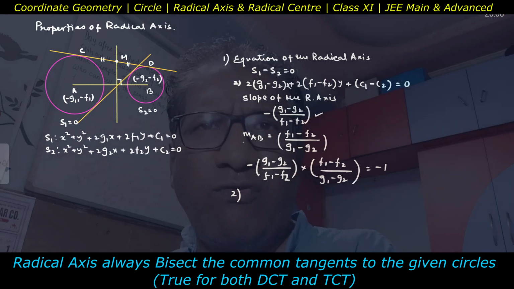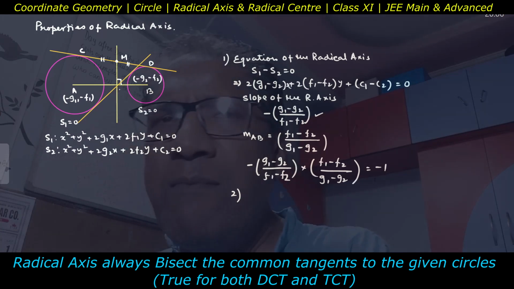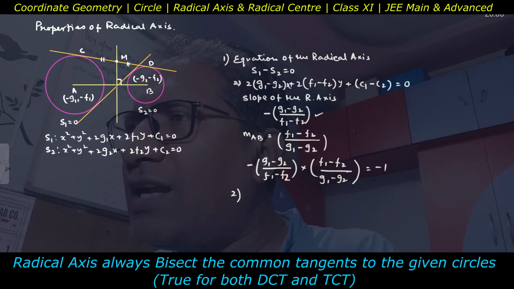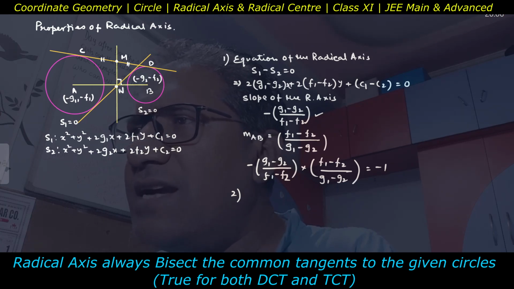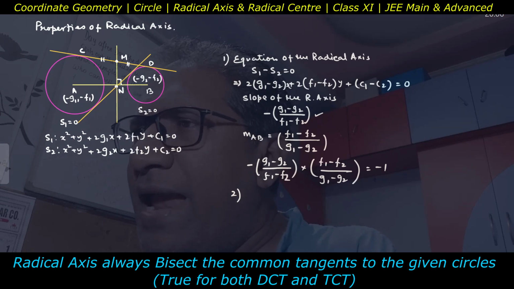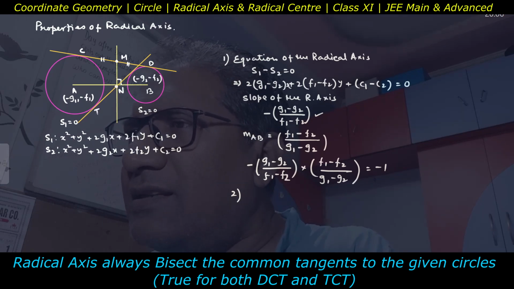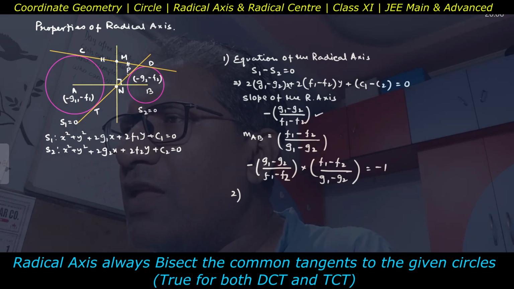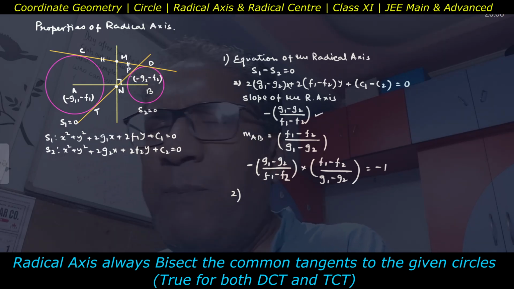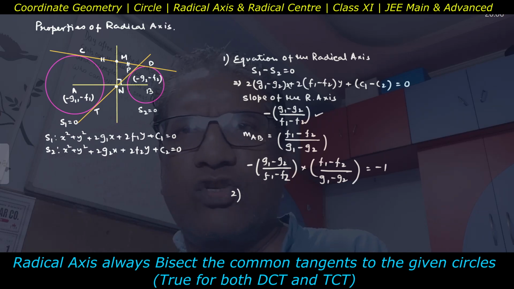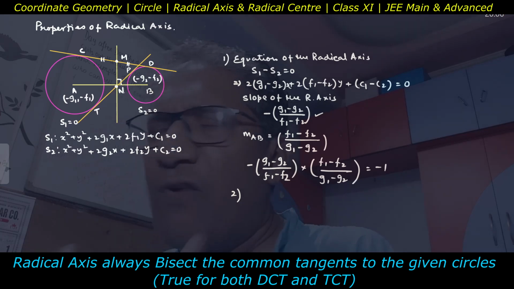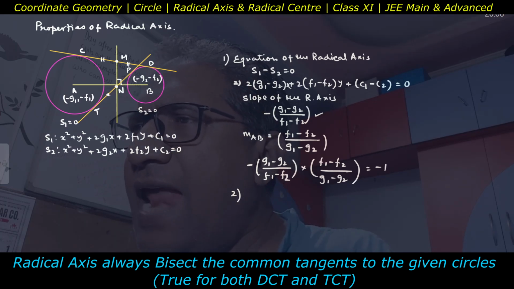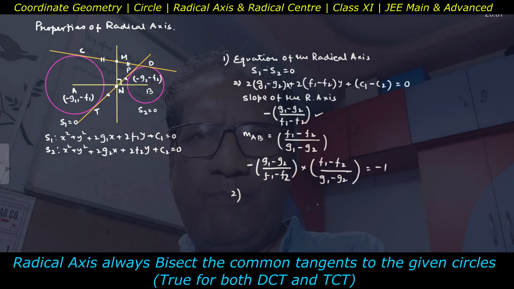In this case, we have proof for the direct common tangent. The same rule is applied for the transverse common tangent also. This transverse common tangent is intersecting the radical axis, let us say at N. So from this N, say this is T and let us say this is P. So your TN and NP are the two tangents drawn from the point N. And we know from the radical axis definition that TN must be equal to PN.